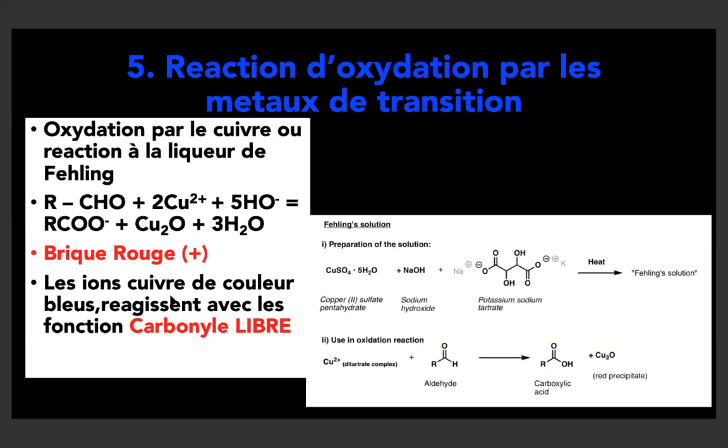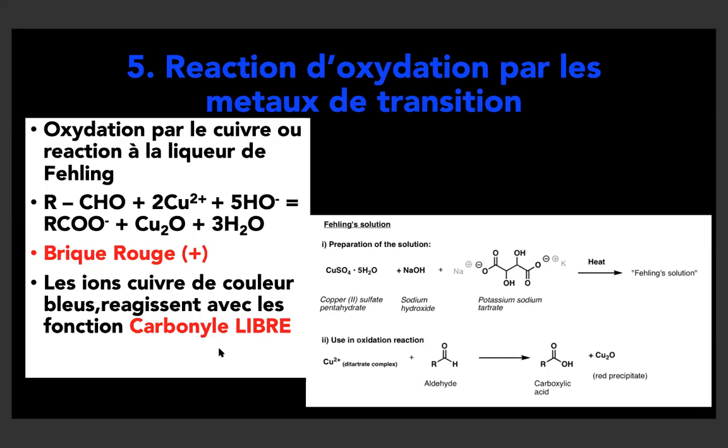So the first condition for a positive reaction is that we are supposed to have an aldehyde, and an aldehyde automatically means an aldose. The second condition is that the carbonyl function is supposed to be free.